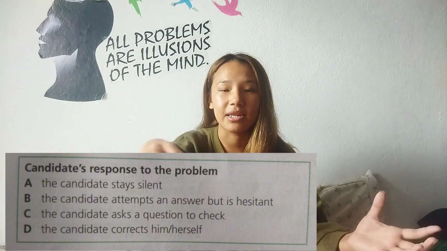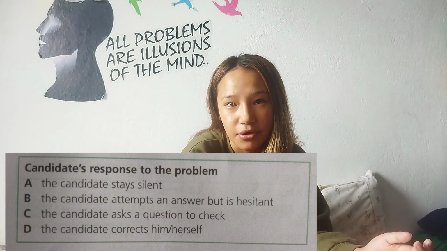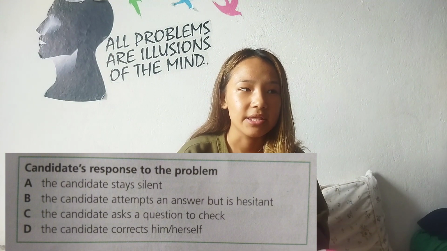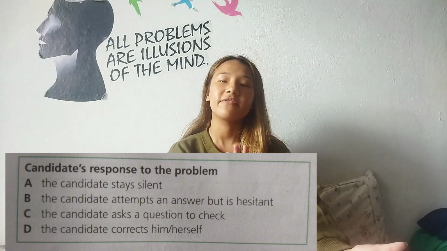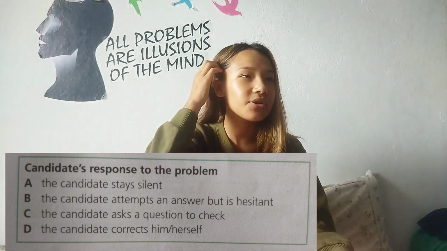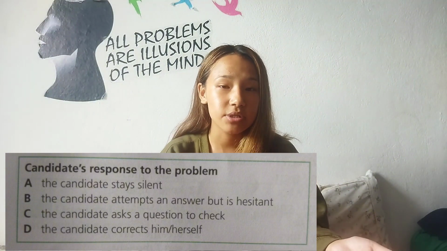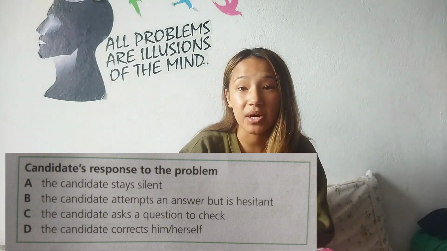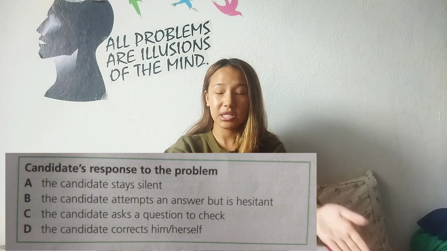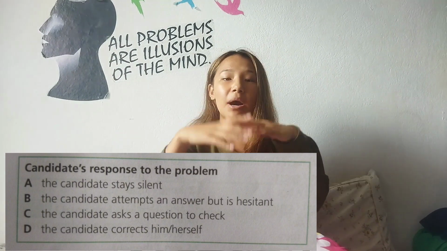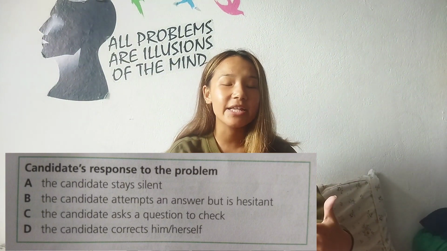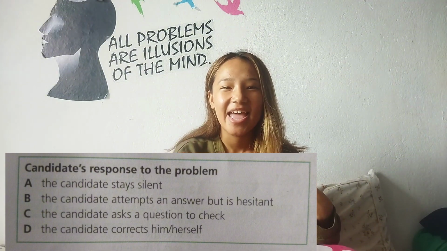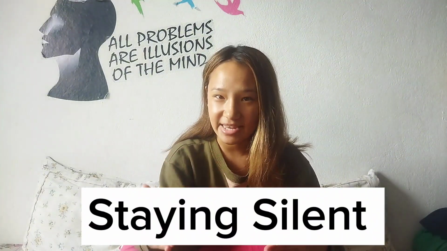They will correct it, they will give us a little bit of hint, and you'll be like, oh, okay, I'm actually supposed to speak about this. So you're gonna be like, oh, sorry, what I meant was, and you can go on with your speaking, right? And among these approaches that IELTS students take, the worst approach you can take is staying silent.